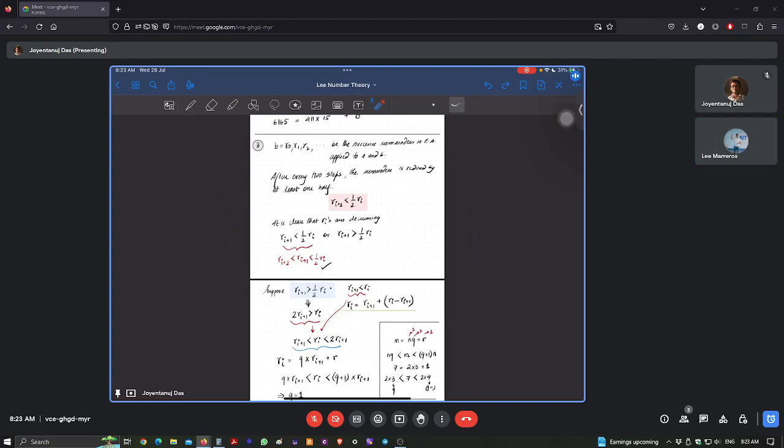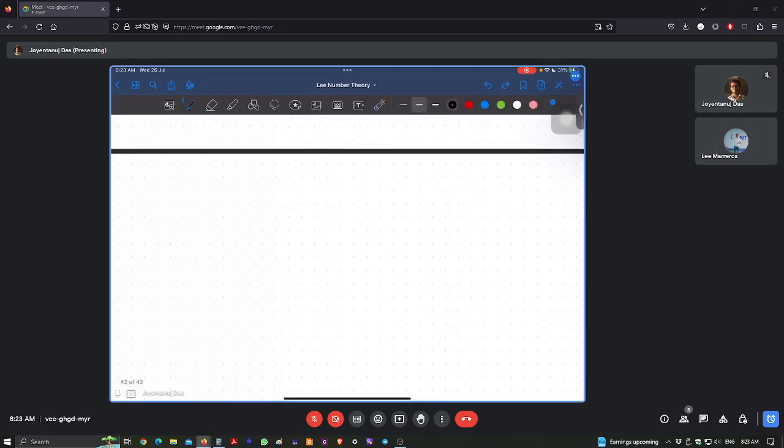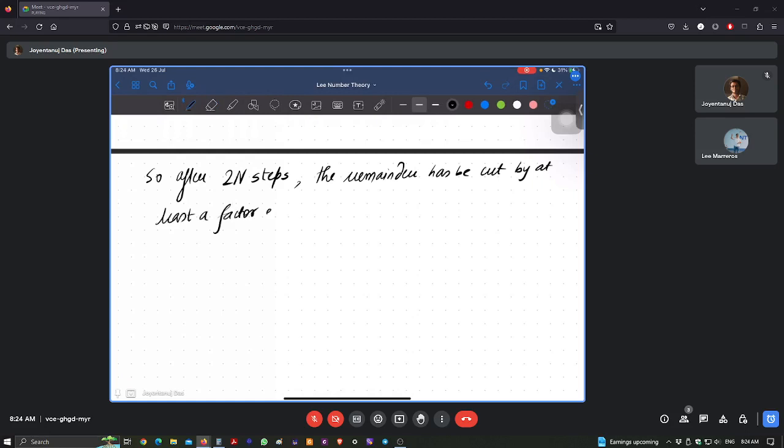One observation is, after 2n steps, the remainder has been cut by at least a factor of 1 by 2 power n.